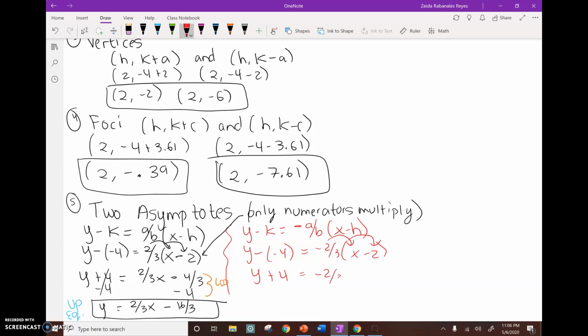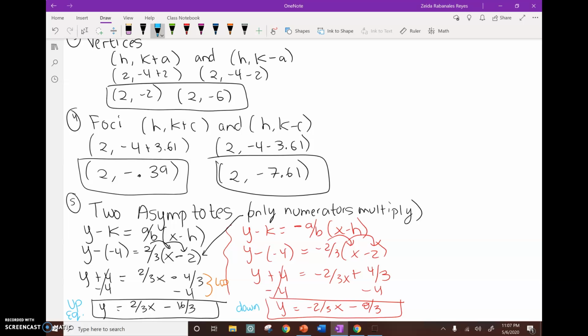Distribute, and then multiply the numerators, subtract 4, and then you get negative 2/3 x minus 8 over 3. And this one's going down because, as you can see, there's a negative here for the slope.